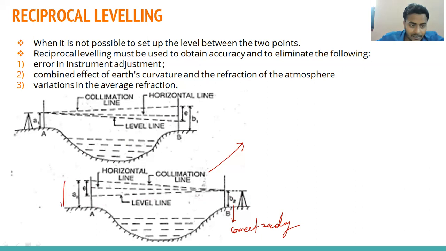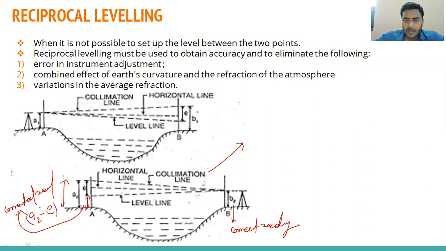So we are taking the reading at A2, but the error we are getting is E, so the corrected reading would be A2 minus E.